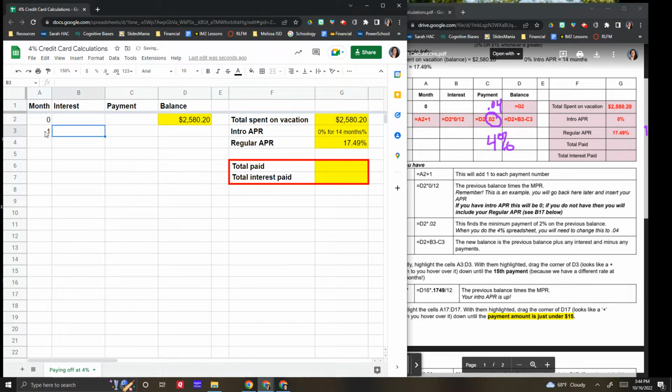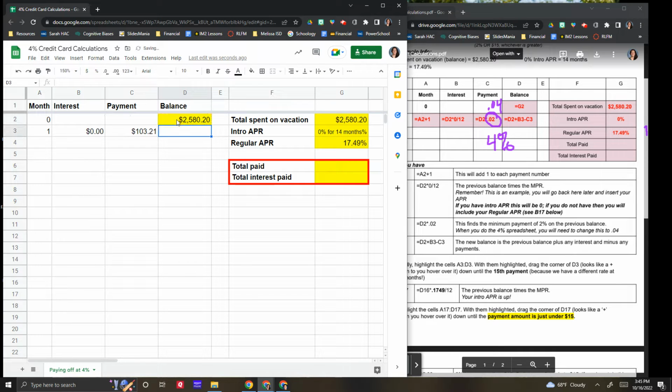The interest is going to be equals D2 times 0 divided by 12, because once again, I have 0% APR for 14 months. My payment, and this is where it's going to change, is the previous balance times 0.04. So the 4% instead of the 2%.